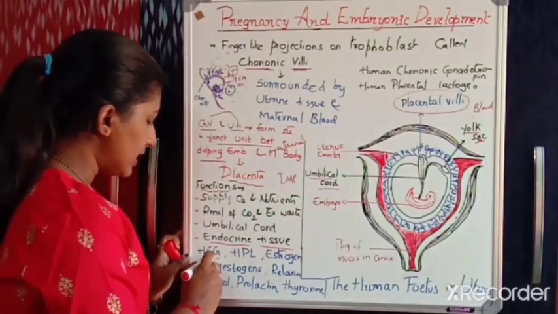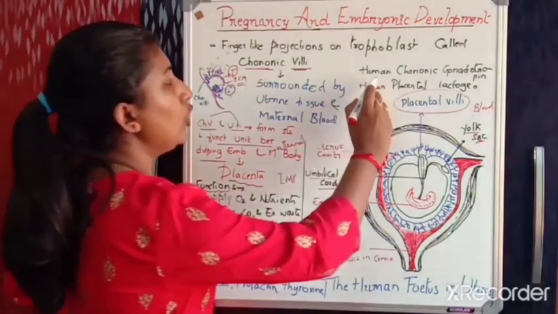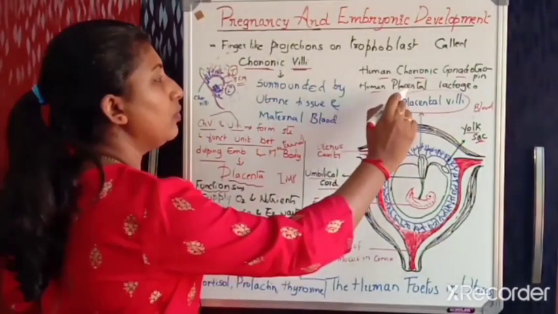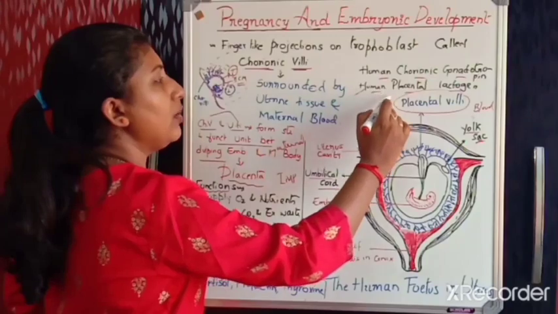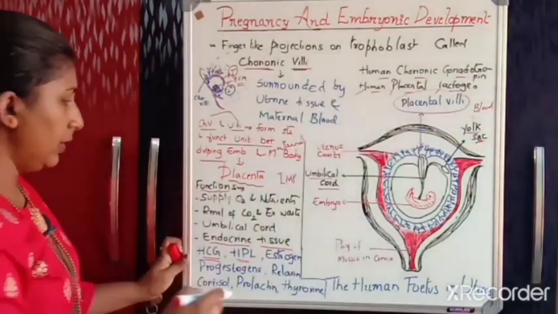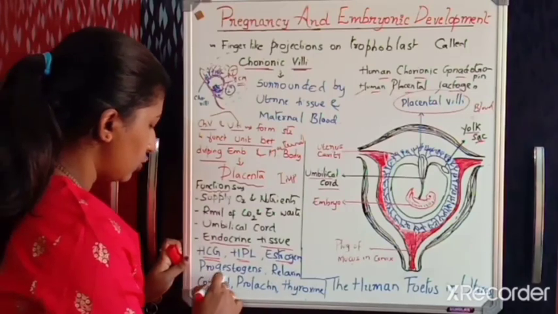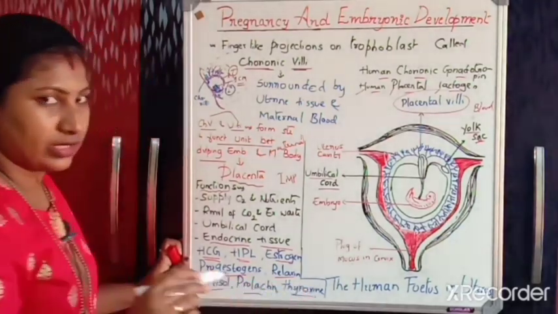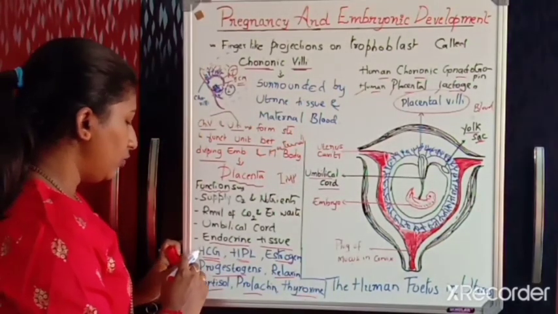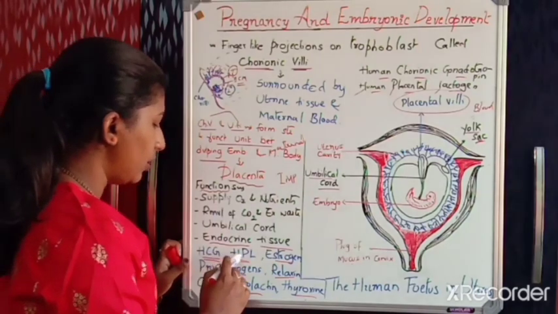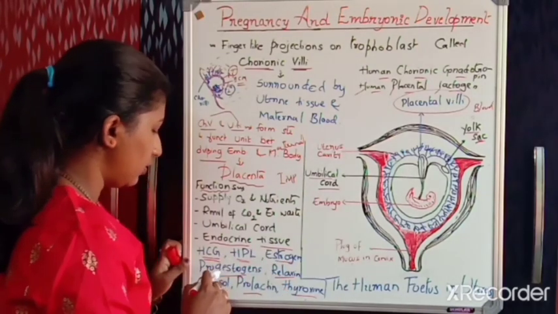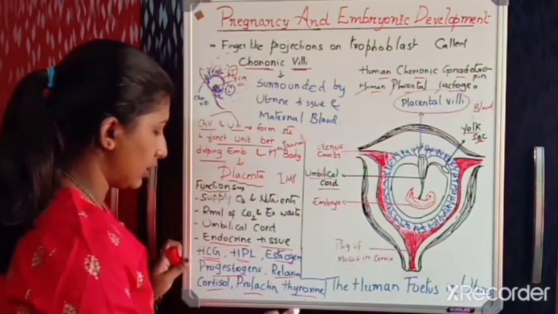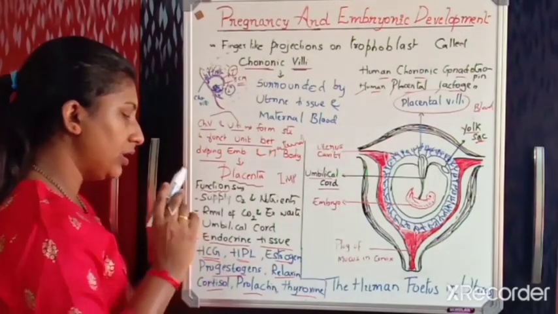They are HCG, also called human chorionic gonadotropin, HPL, full form human placental lactogen, and estrogen, progestogens, relaxin, cortisol, prolactin, and thyroxine. So repeat the names: human chorionic gonadotropin, human placental lactogen, estrogen, progestogens, relaxin, cortisol, prolactin, and thyroxine. These are the hormones that are secreted by the placenta.